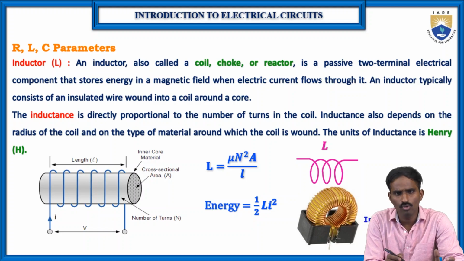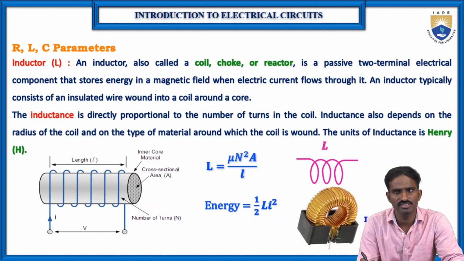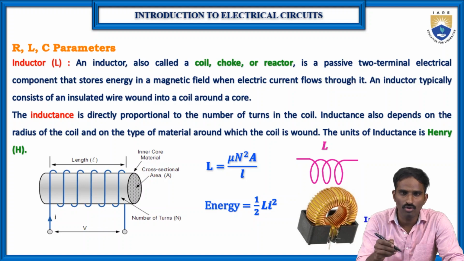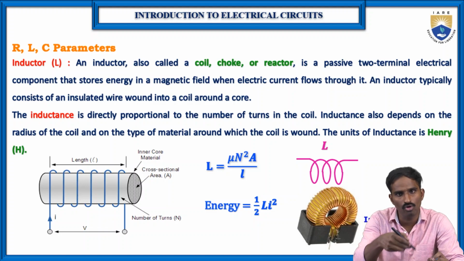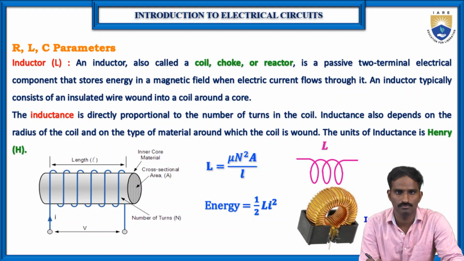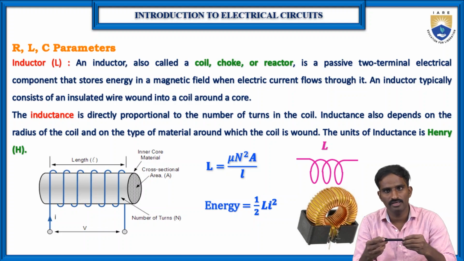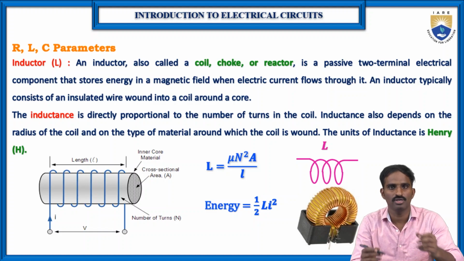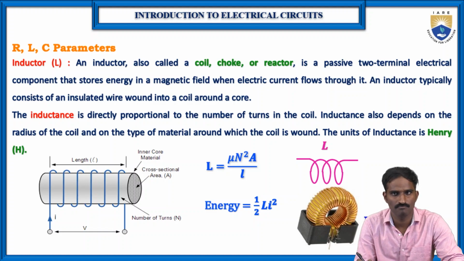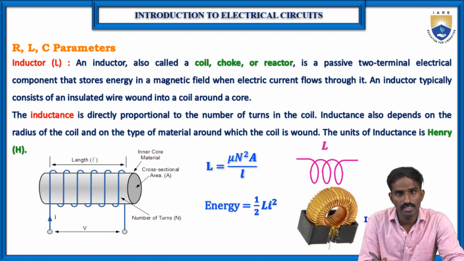How does an inductor look? An inductor typically consists of an insulated wire wound into a coil or around a core, which means a conductor carrying a wire wound around it is called an inductor. Then how can we measure the value of the inductor?